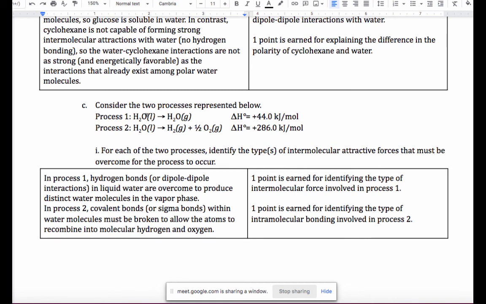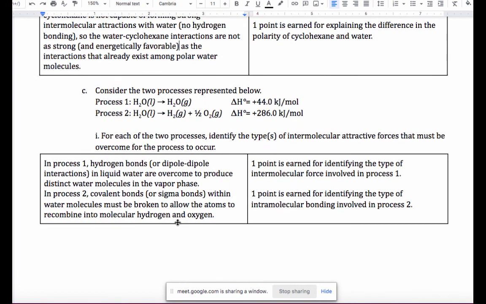In process 1, because it is simply water undergoing a phase change, we just focus on the intermolecular forces. So hydrogen bonds, or if you said dipole-dipole forces, in liquid water must be overcome to allow for a phase change. It was 1 point for identifying process 1, 1 point for identifying process 2.